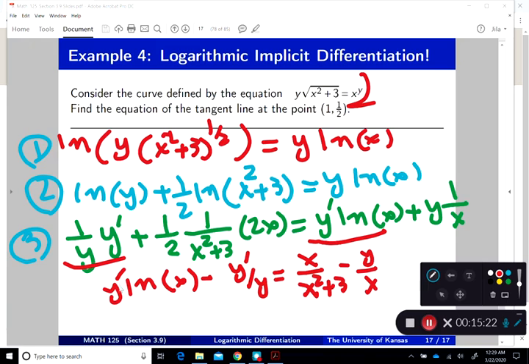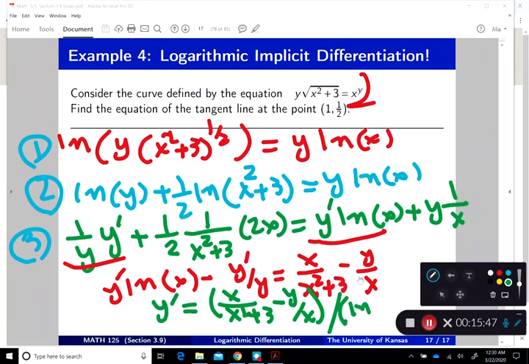Factor y prime out and divide, and what you get is y prime is equal to x divided by x squared plus 3 minus y over x, divided by, when you factor out y prime, natural log of x minus 1 over y.